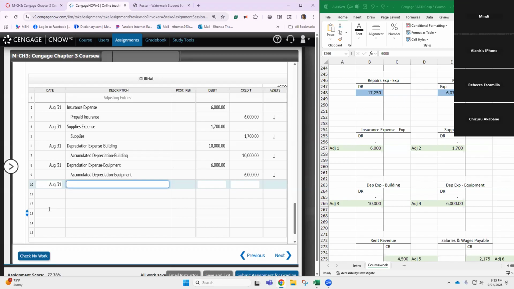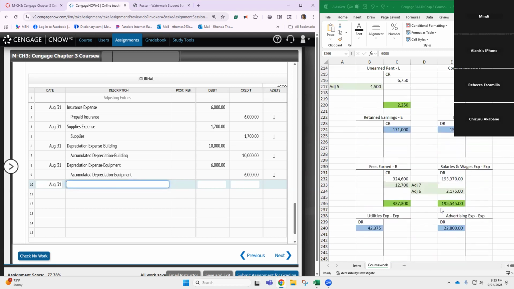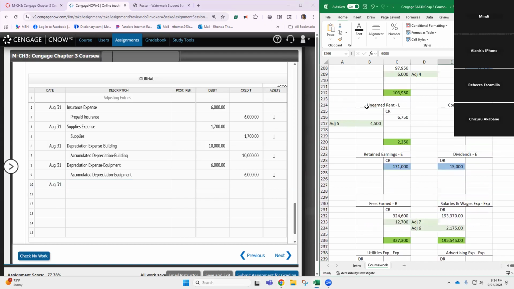unearned. Now this one we have to calculate. Okay, so we're going to go up to unearned rent. It is a liability. Unearned rent. Here it is. Unearned rent. We said it had a balance of $67.50. Everybody confirm that on your sheet. Now, what they're telling us is that the rent that's still unearned is $12.50.